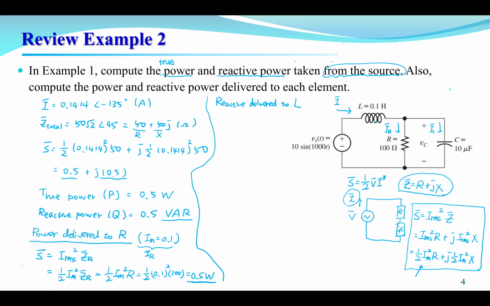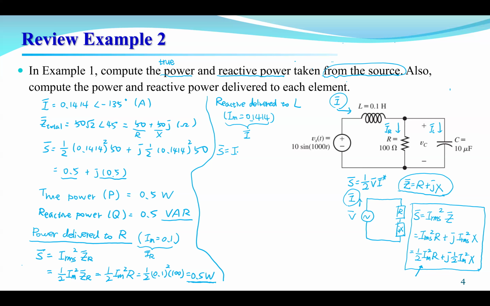But at this moment we need the amplitude of I, right? So I_L. I_m is at this moment 0.1414. This is from I. Then we apply the complex power formula.